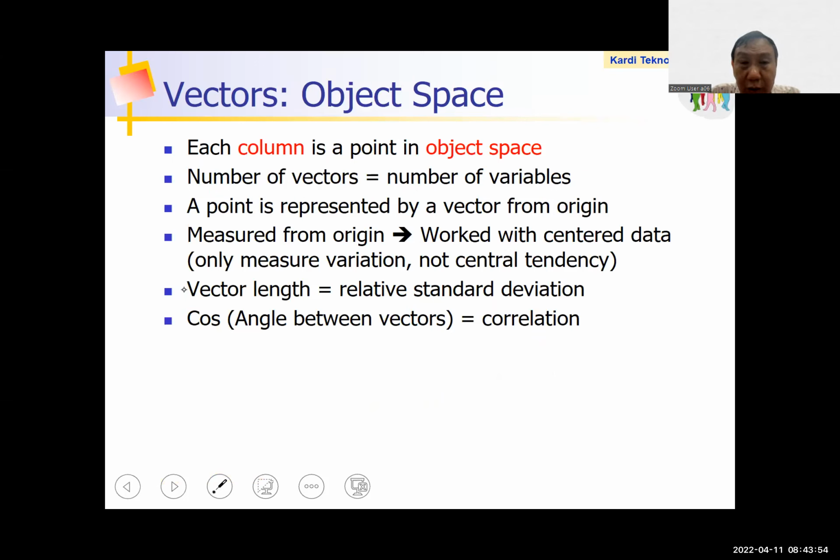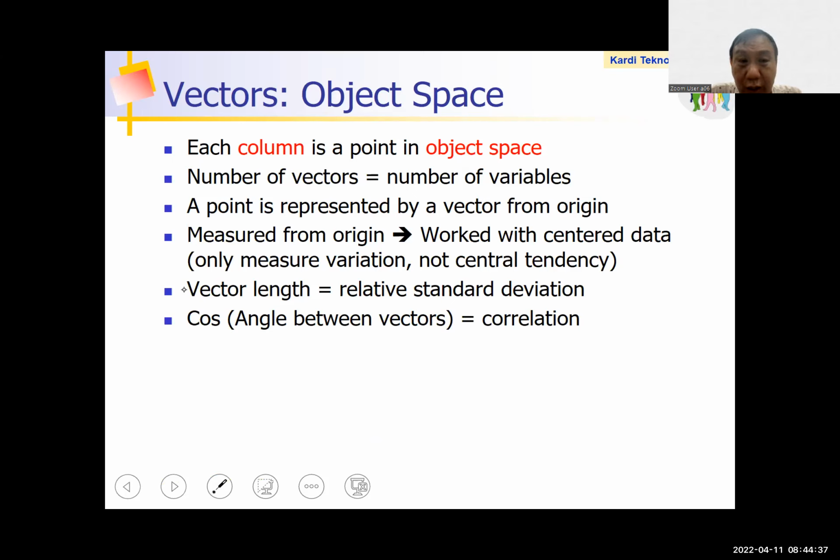Now, another way to think of the data is to transpose. That means now instead of its row as a point, you can think of its column as a point. So that means you have what is called object space. The number of vectors now becomes the number of variables, and one point is represented by a vector from the origin.